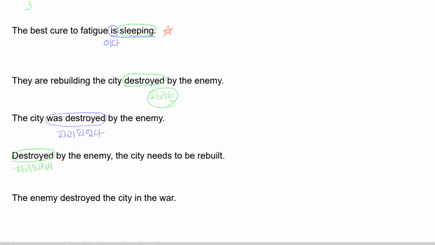Let's see the last sentence here. The enemy destroyed the city in the war. So, like I said, it could be either blue or green, right? If it's blue, 파괴했다. If it's green, 파괴된 or 파괴되면서.